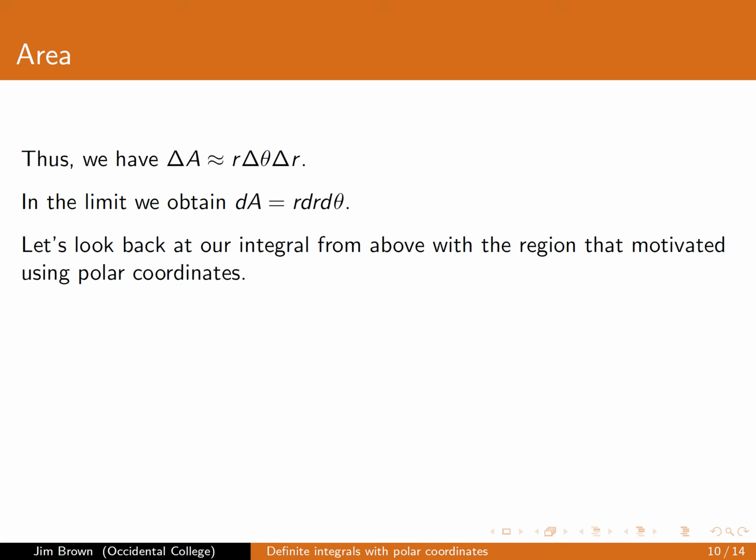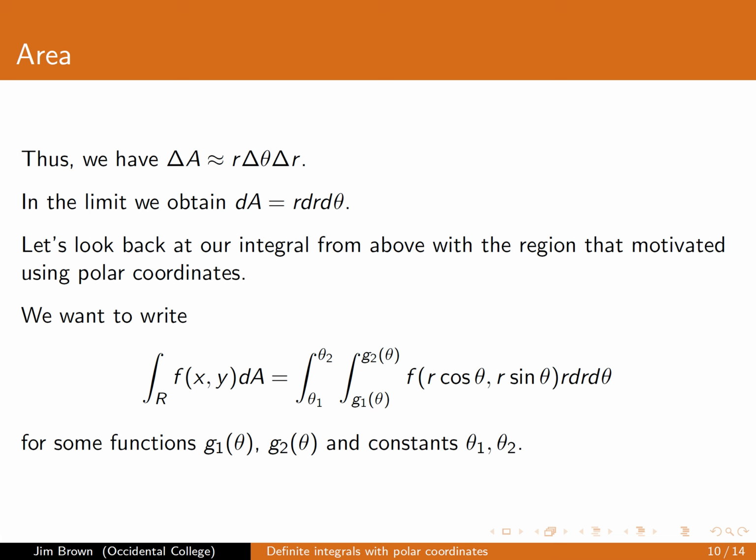So now that we have the dA, we can go ahead and set up our double integrals in terms of polar coordinates. Let's look back at that integral we were looking at when we decided we might want to use polar coordinates for integration. We want to write it in the following form. I know this looks very complicated at first, but just notice we're taking the dA and we'll write it in terms of r dr d theta. We're almost always going to use dr and then d theta.